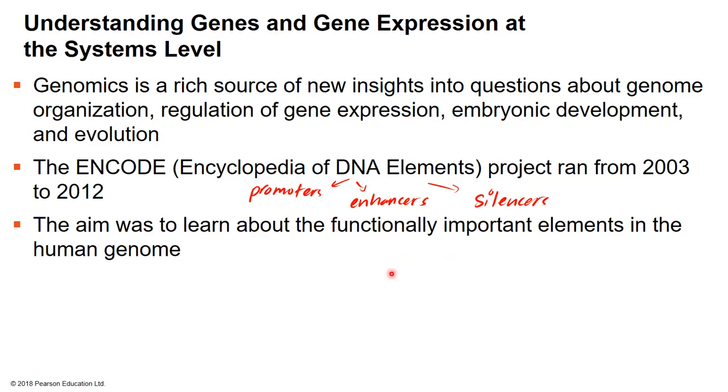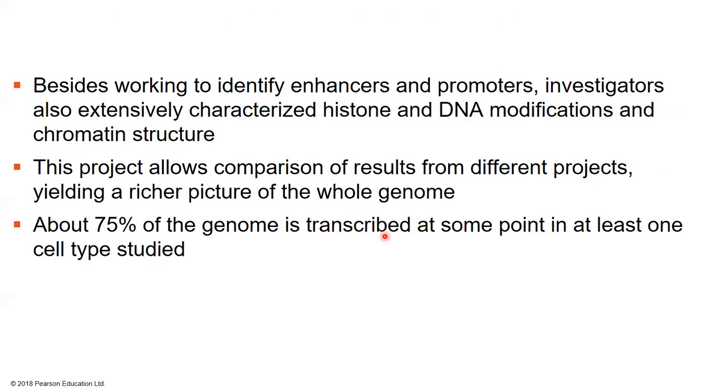Basically, they wanted to learn how these DNA elements direct the expression of genes. Also in this project, they wanted to understand how histone and DNA modifications might affect the chromatin structure and how these modifications might have an effect on gene expression.